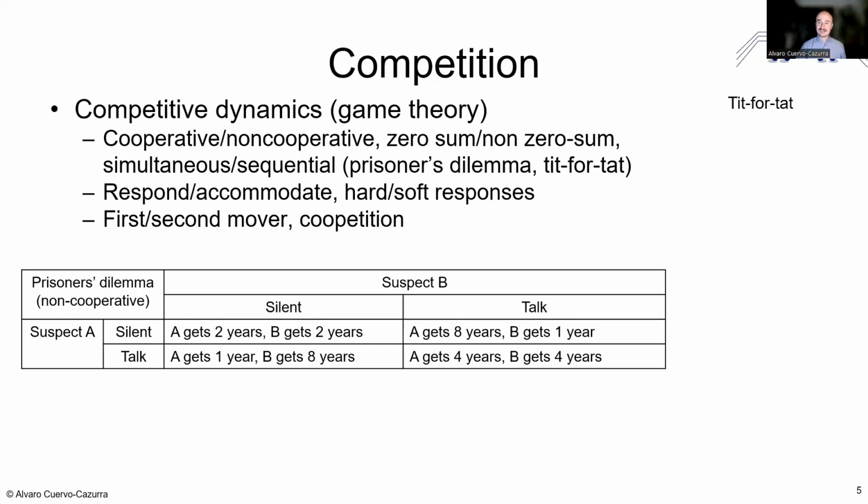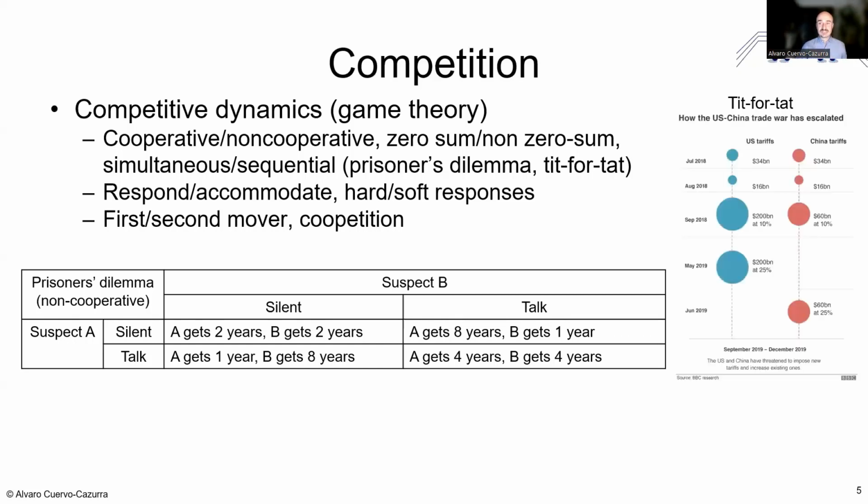The tit for tat, and it's a very nice example, is what happened a couple of years ago when there was a trade war between the US and China, and the US started with some tariffs on $34 billion of products, and the Chinese government did the same thing.